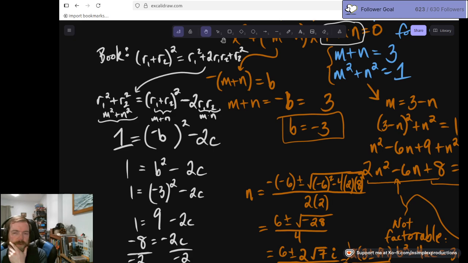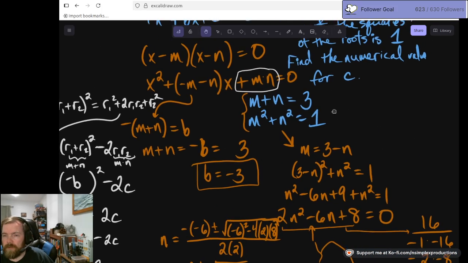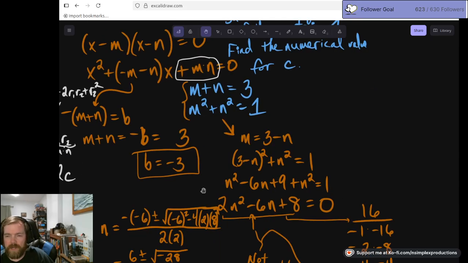Really, that's kind of what they're going for here, is do you see the connection between these relationships? So I was much more locked into what we were doing over here, which is, hey, let's do some quadratic stuff.